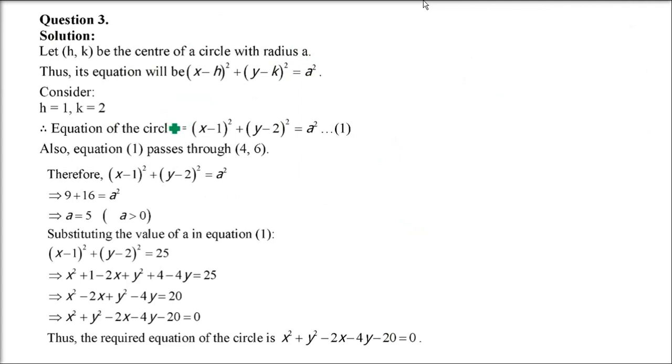Question number 3. Find the equation of the circle whose center is (1, 2) and which passes through the point (4, 6). So it's quite clear, you know the equation (x minus h) whole square plus (y minus k) whole square equals a square.